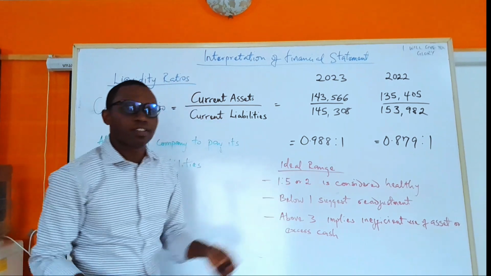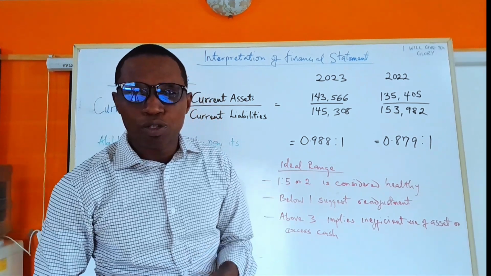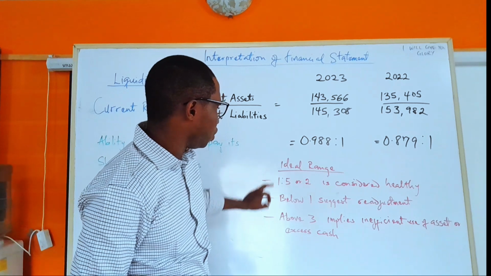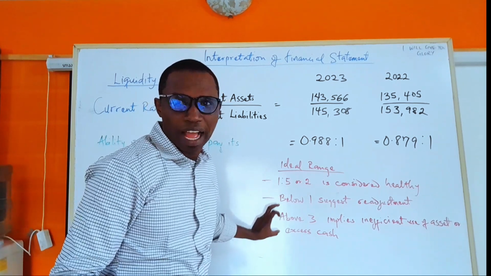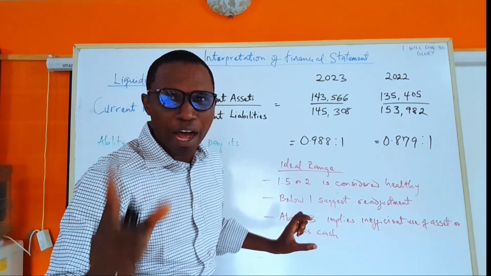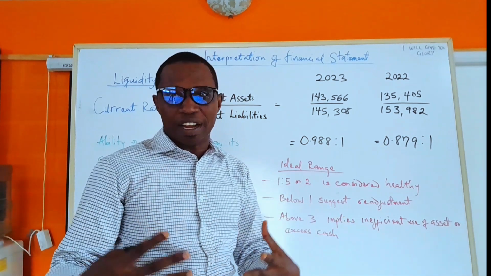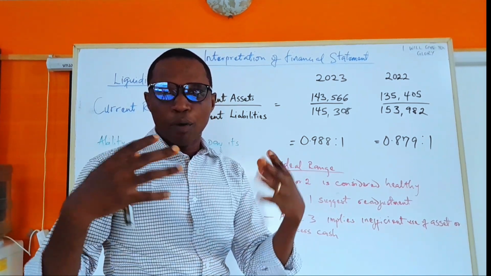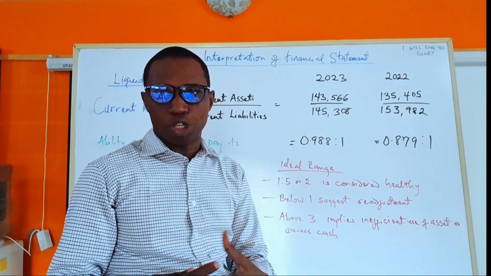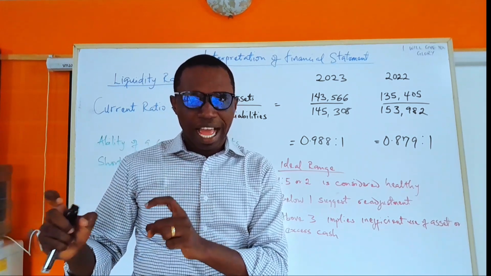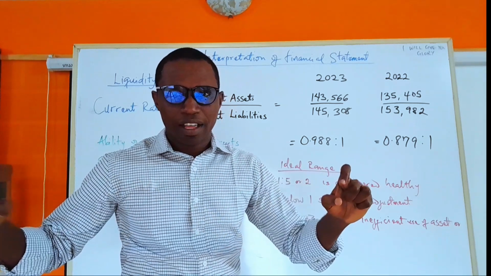So the question is, how are we going to interpret this? Just like I said, the ideal range is this, and that should be able to give you how to interpret. I don't want to make a public verdict, since this is a real life situation, because the industry in which Apple is playing has its industry average.